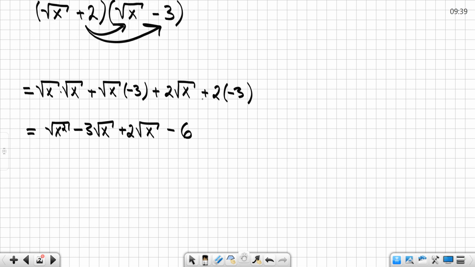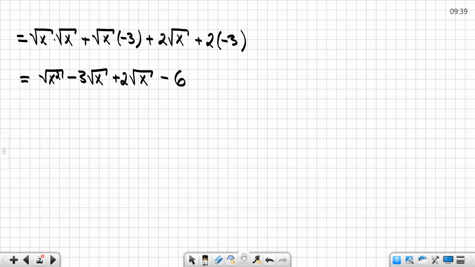And you see the same thing happens when we multiplied out our binomials. The outer and the inner product can be combined because they are like terms, in this case, like radical terms. The square root of x squared, strictly speaking, is the absolute value of x, but we are just considering positive values, so I can just write x.